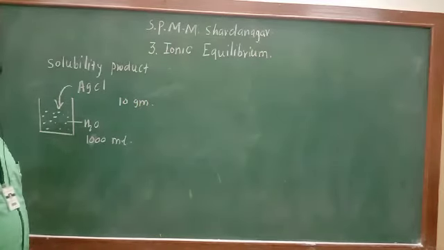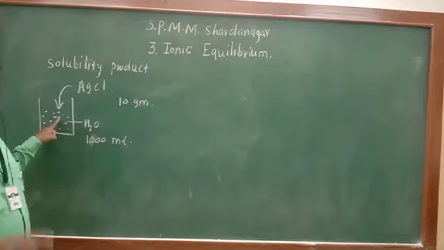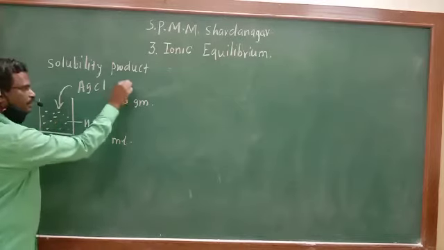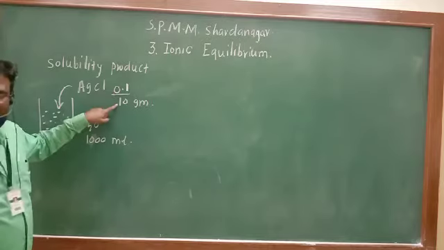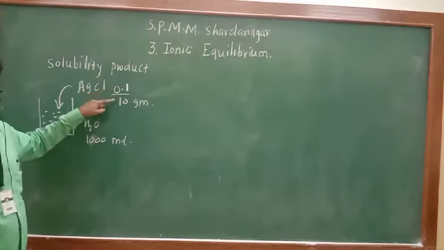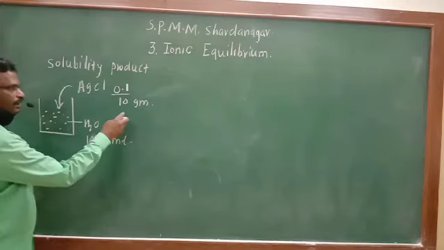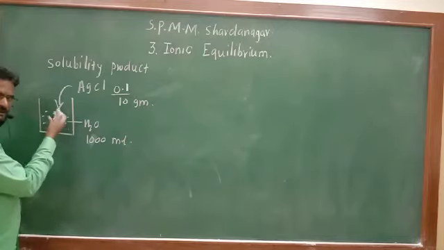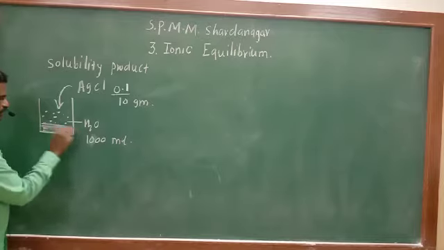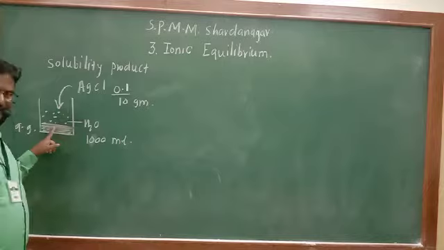So what happens is that out of this 10 gram, just 0.1 gram undergoes dissolution. 0.1 out of 10 is soluble. Just 0.1 gram is dissolved and 9.9 gram will settle at the bottom.